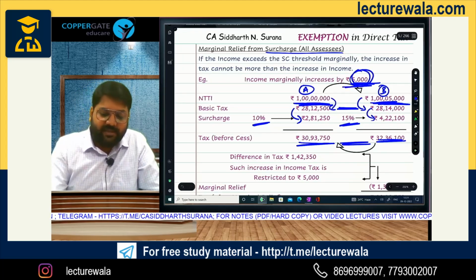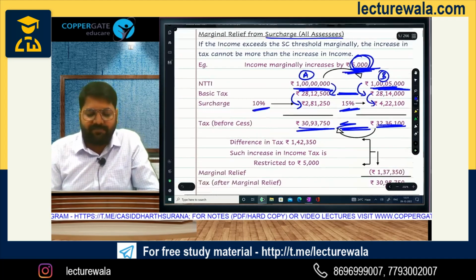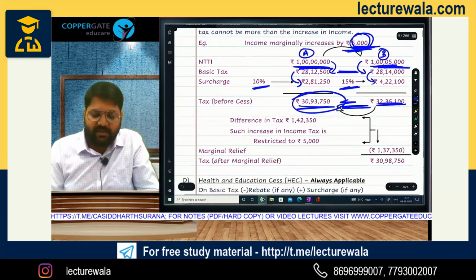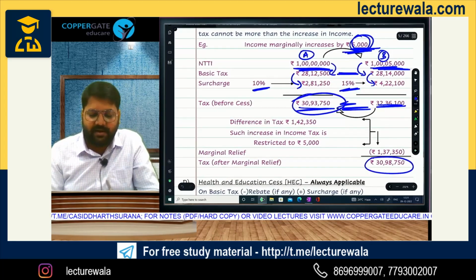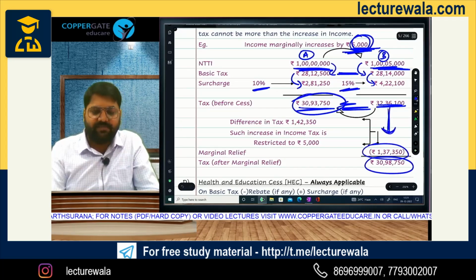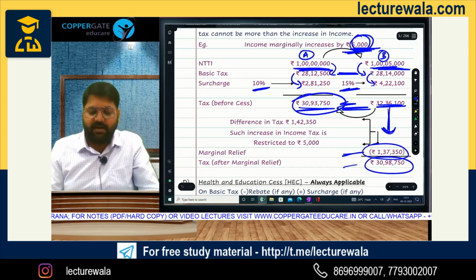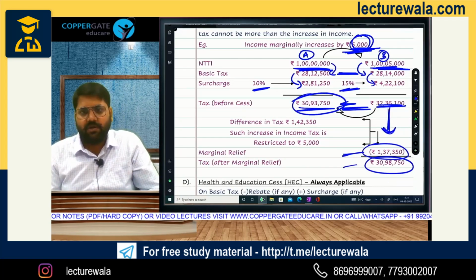So if the income difference is 5,000, the tax difference should be maximum 5,000. If this is 30,93,750, this should be maximum 30,98,750, and the excess will be allowed as marginal relief. From 32,36,100 you have to subtract this amount. That's your marginal relief and this is going to be your tax liability. That is the concept of marginal relief.